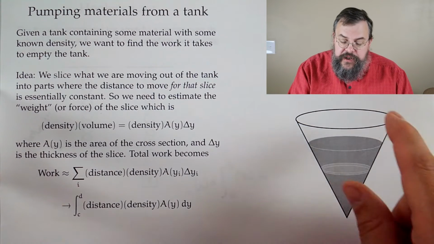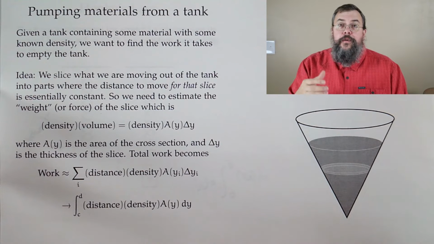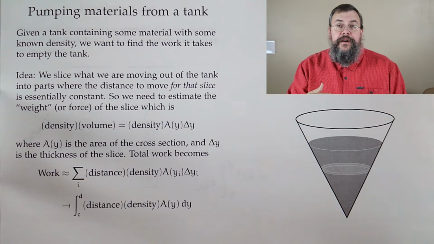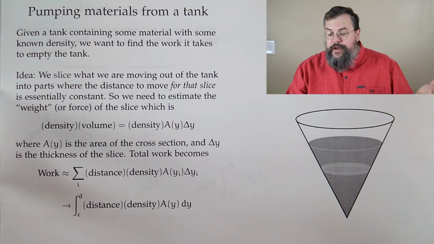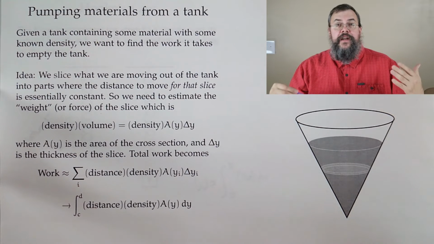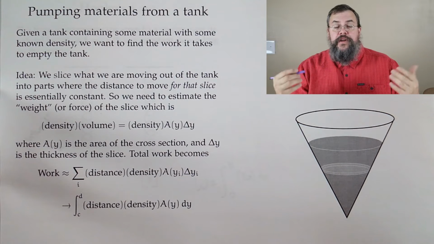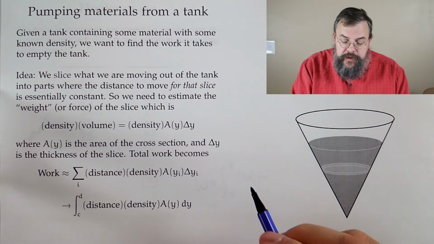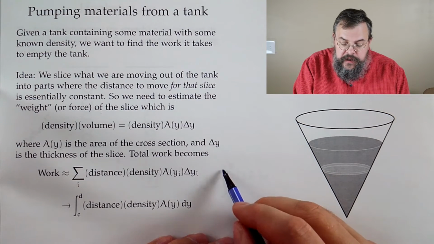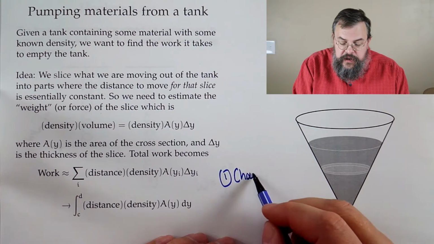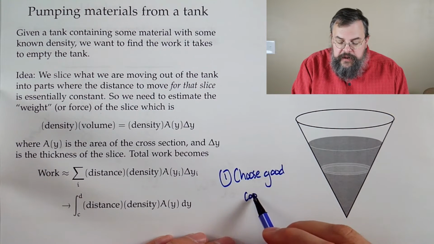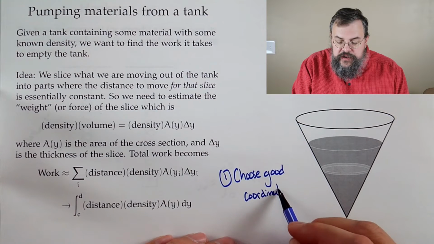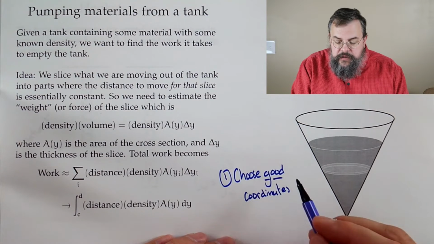If I show you a picture like this, one of the things that we don't put in there are coordinates. So when you're doing a problem and you start talking about various measurements, the first step, step one, is to choose good coordinates. Now you'll notice I added the word good. Not just choose coordinates, but choose good ones.